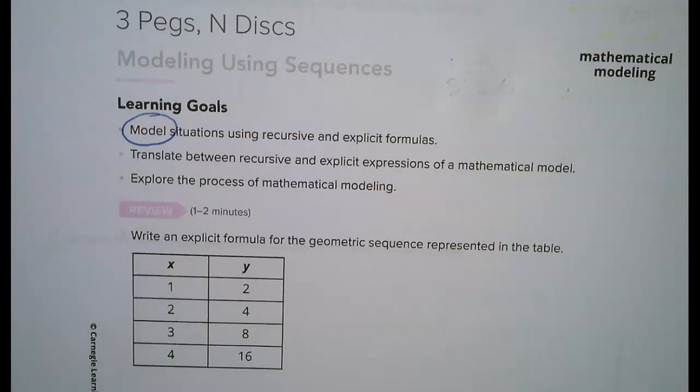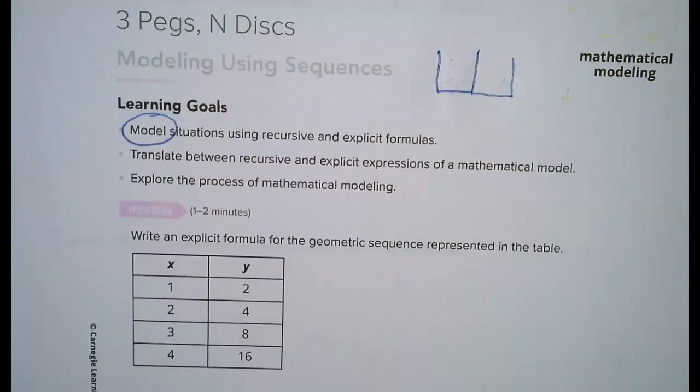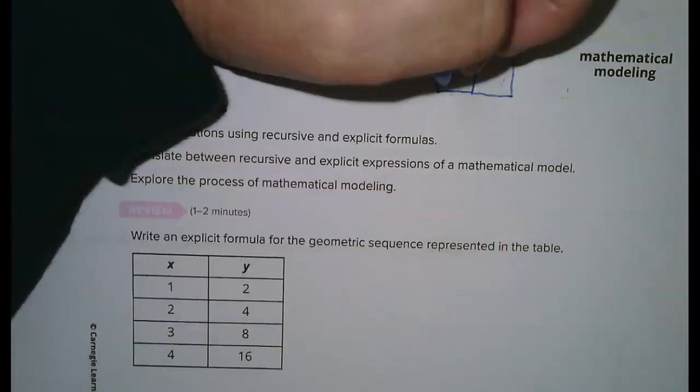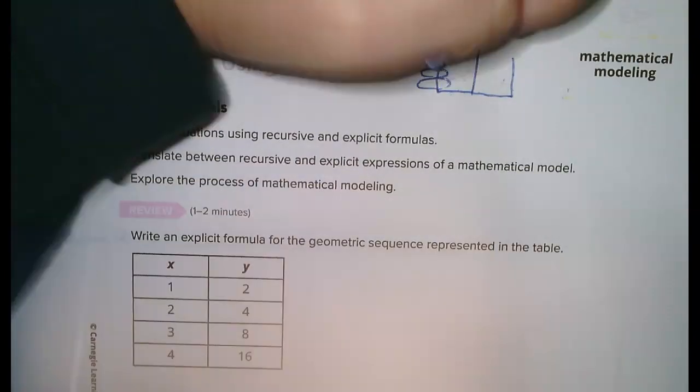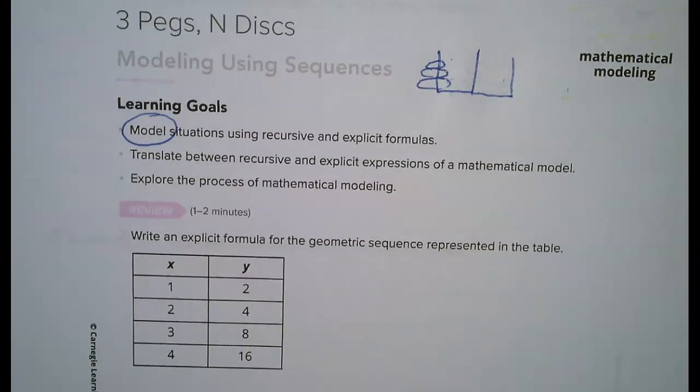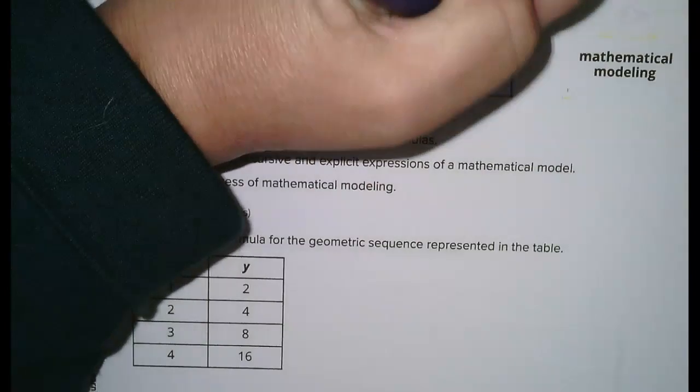So the game that we're going to be using later is the game where you have 3 pegs, 3 sticks, and then you have discs that are over here on the left-hand peg. And the goal of the game is to move 1 disc at a time and move them all over to this peg.